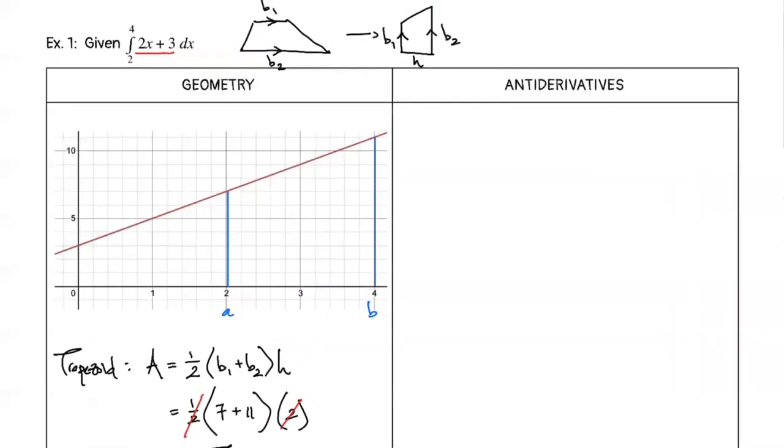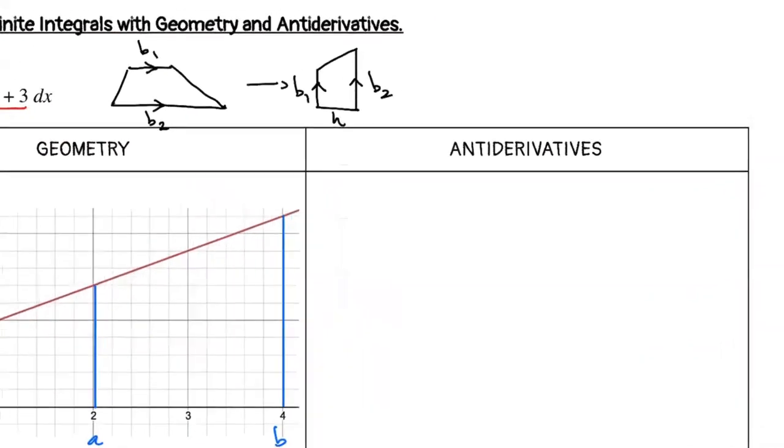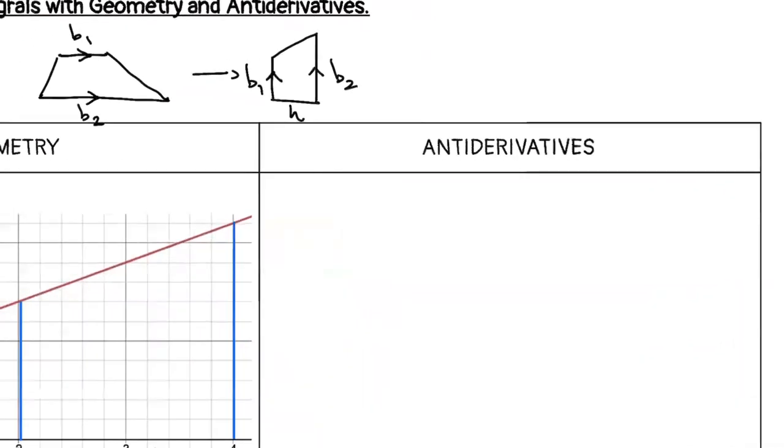Now that's one way to do it, but let's see how some of those rules from 4.10 might be helpful to find this using calculus. So this is what we call antiderivatives. Let me write the question again here. The integral from 2 to 4 of 2x plus 3 dx.